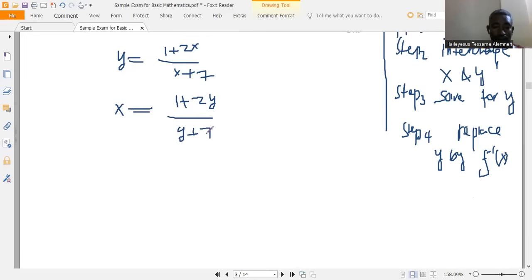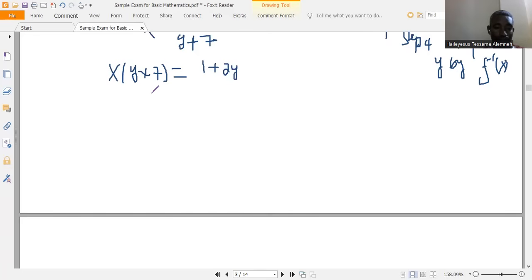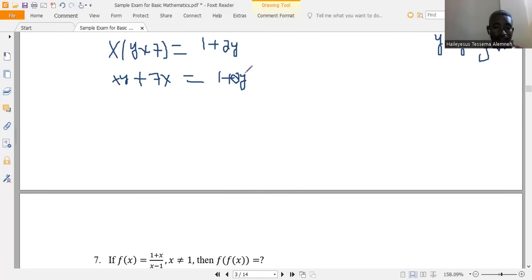Then cross multiply: x times y plus 7 is equal to 1 plus 2y. Then multiply x times y plus 7x is equal to 1 plus 2y.